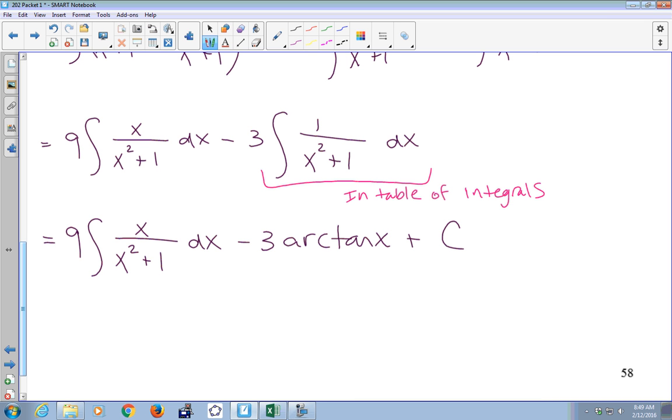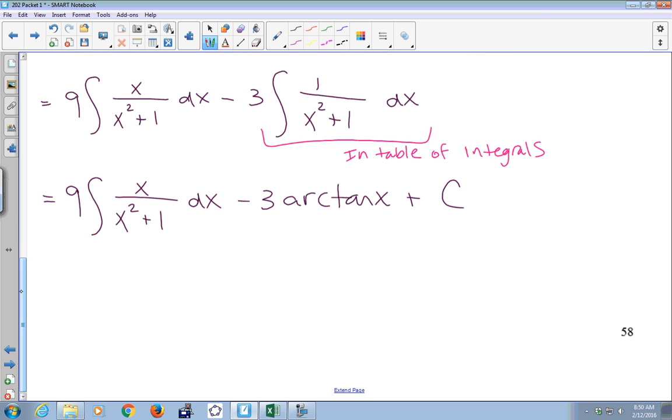I'm just going to show you what the technique is, and then I will afterwards explain the choices I made. This is called U substitution. So we're going to substitute a u. Over here, I'm going to write out my substitutions. I'm going to let u be x squared plus 1.